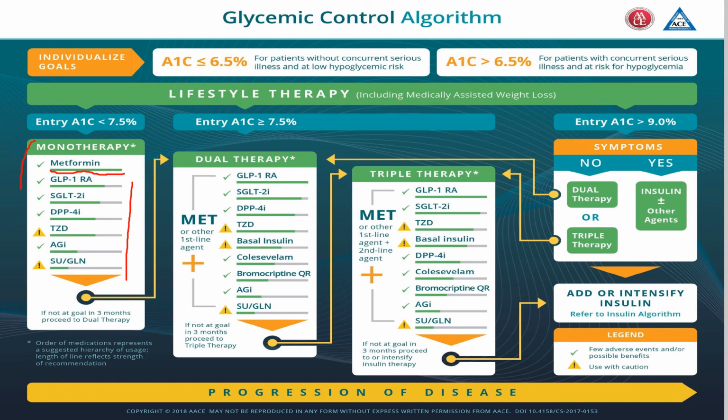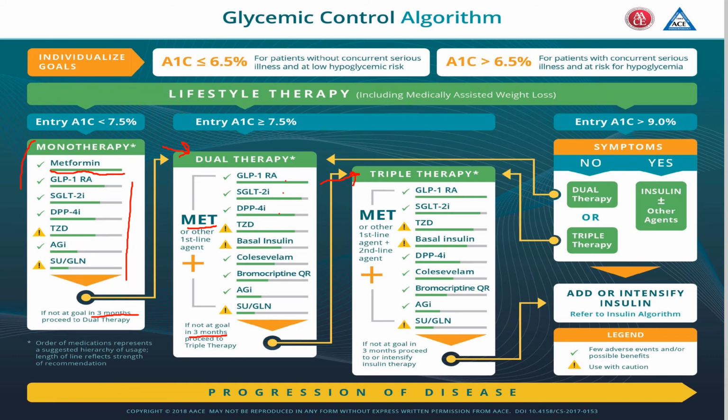So you start someone on monotherapy. If they are not at goal after 3 months, then you want to step them up to dual therapy. So then if you started them on metformin or some other first line agent, this is usually the selected hierarchy for choosing second line agents. 3 more months go by, now you're maybe moving towards triple therapy.